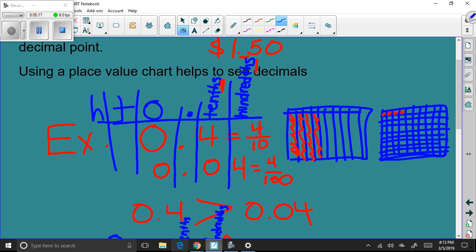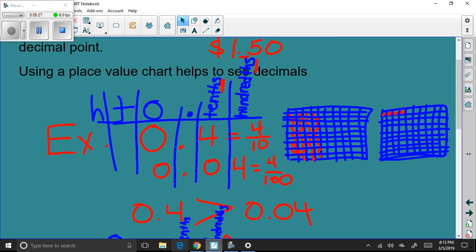So I have 1, 2, 3, 4, 5, 6, 7, 8, and 9 pieces. As you can see, I did not change what's shaded. I just made the pieces smaller. So now if you look and count, you would get 40 pieces out of 100 that are shaded.